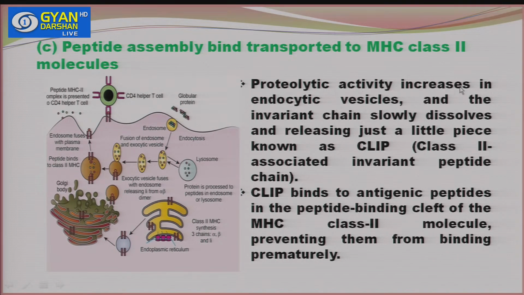The proteolytic activity increases in the endocytic vesicles and the invariant chain slowly dissolves, releasing just a little piece known as CLIP. CLIP here is the class second associated invariant peptide. CLIP binds to the peptide binding cleft of the MHC second molecule and prevents antigenic peptides from binding prematurely.